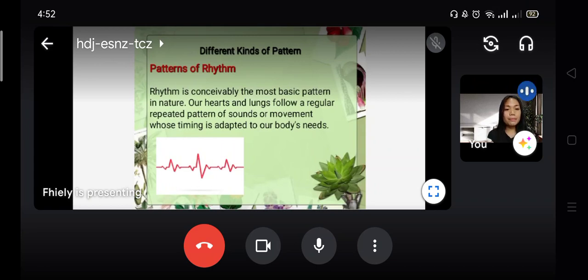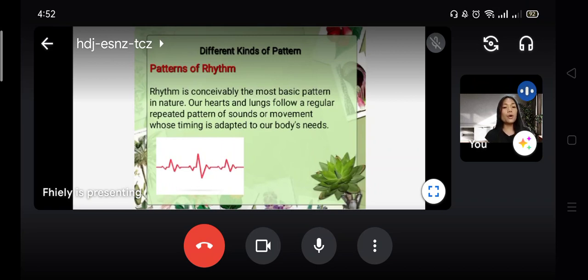I will repeat, for everybody, please listen. Rhythm is conceivably the most basic pattern in nature. Our hearts and lungs follow a regular repeated pattern of sounds or movement whose timing is adapted to our body needs.